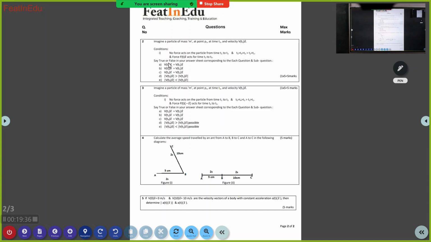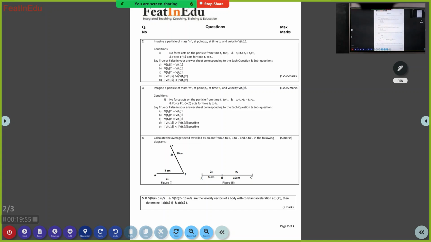Right. Then next, V(t3) is equal to V(t1) x cap. False. Why? Sir, I said force is going to act from t3 to t5, not from t1 to t3.